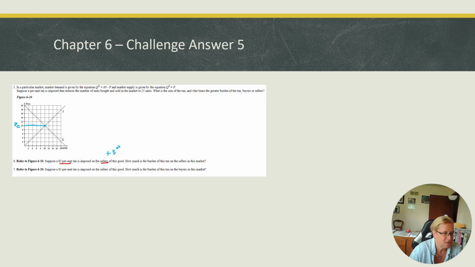So 10 comes in here at 13. I'm going to add my reference point right here. Now what I'm going to do is shift the supply curve so that it passes through the reference point.